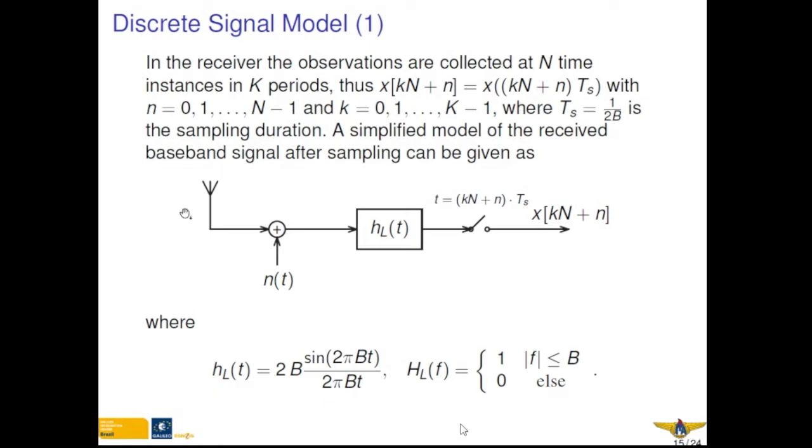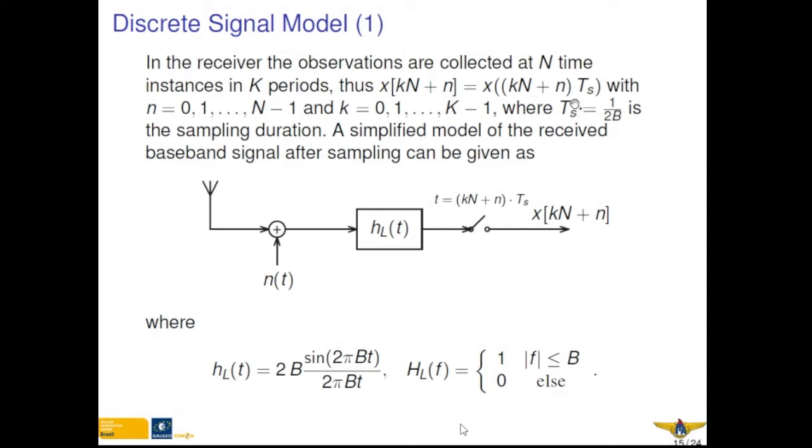We have the antenna, some additive noise, a low pass filter, and afterwards some sampling, and we end up with a signal X of Kn plus N. I'm using this index to specify the periodicity of the signal in periods of K. We have capital N samples per period, for capital K periods.